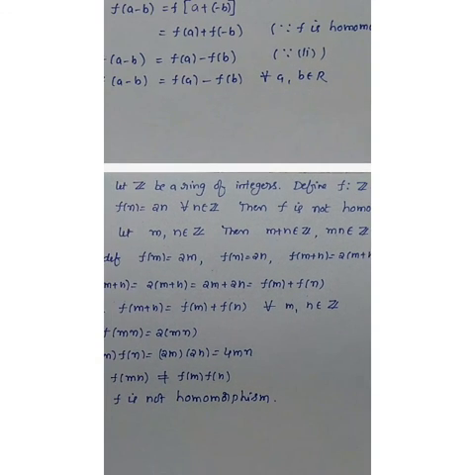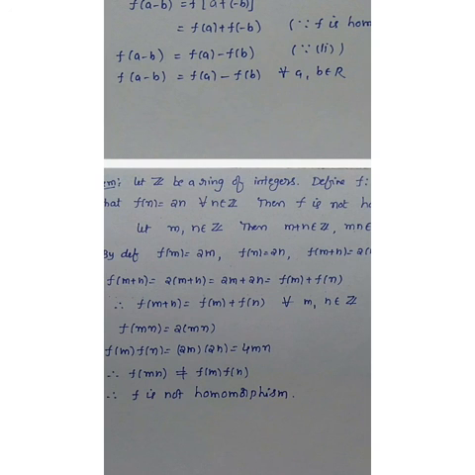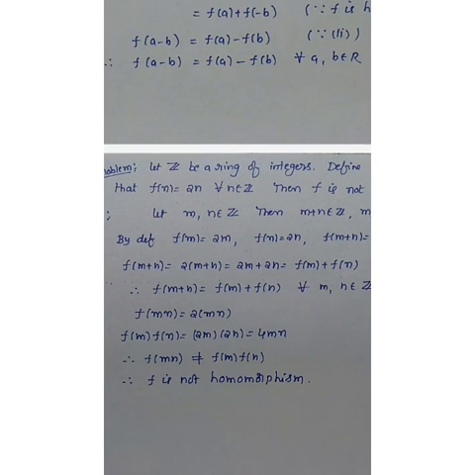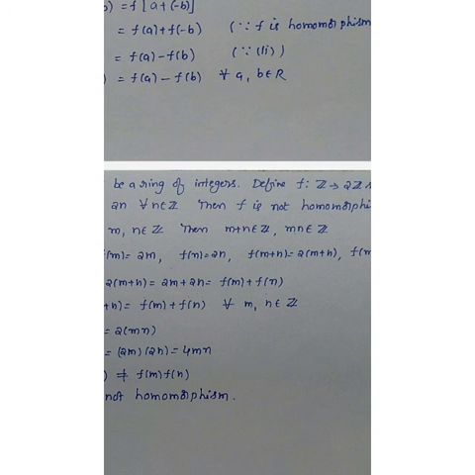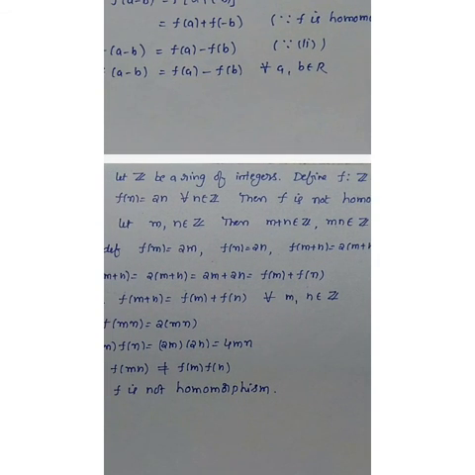We have to show that this is not a homomorphism. I am using different variables. Generally we take x, y, but instead of x, y, take m comma n, because these are integers. So I take m comma n belongs to Z, then m plus n belongs to Z, m into n belongs to Z. Now we have to check both conditions.